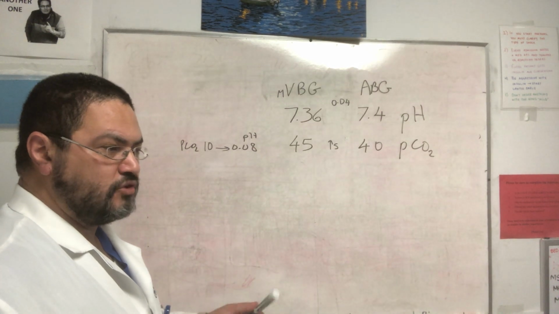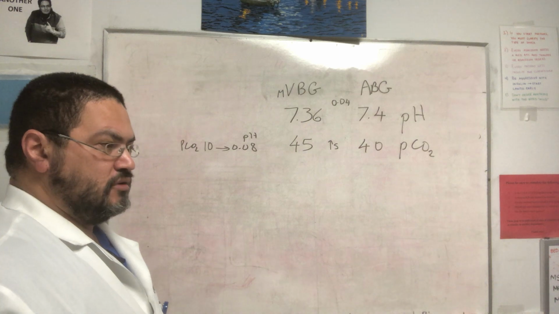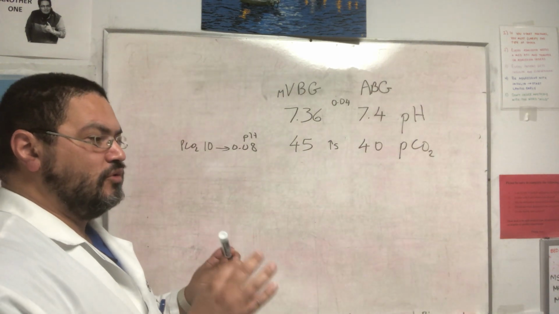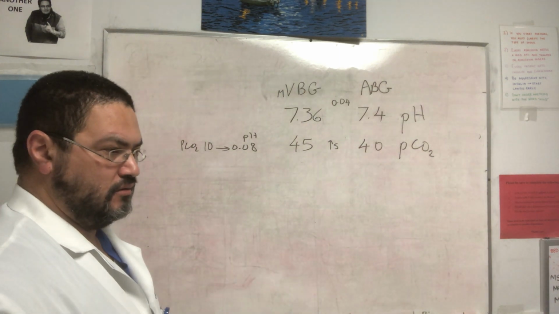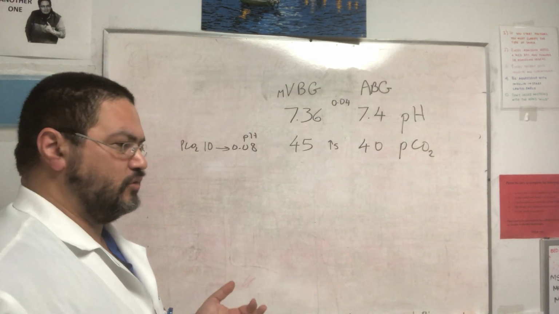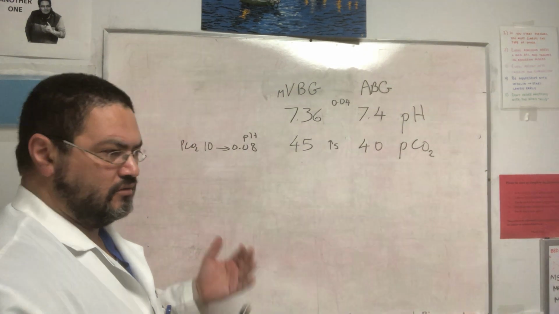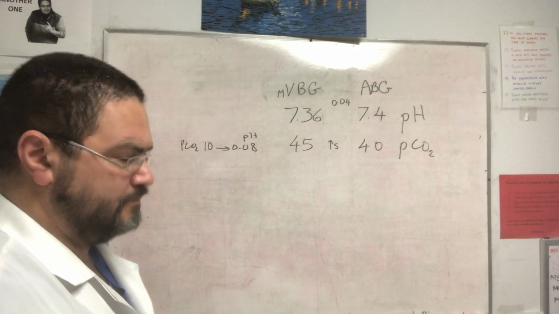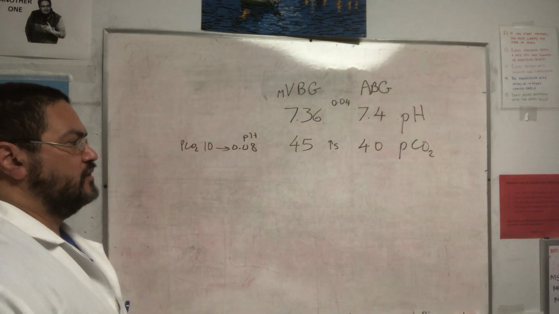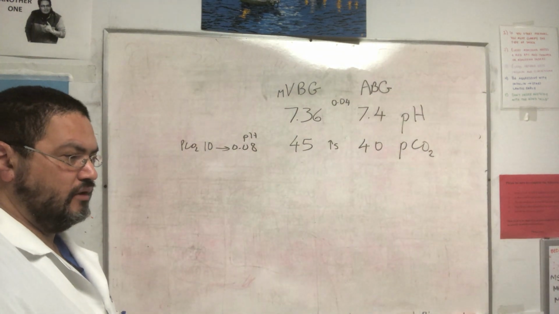And it's another procedure with more complications for the patient. And for most patients, we don't really need to know the exact pH. What's the difference between a pH of 7.36 and 7.34? No big difference. So if it's off by a little bit, that's fine. So that's the basis for why we do a VBG more than an ABG, okay?